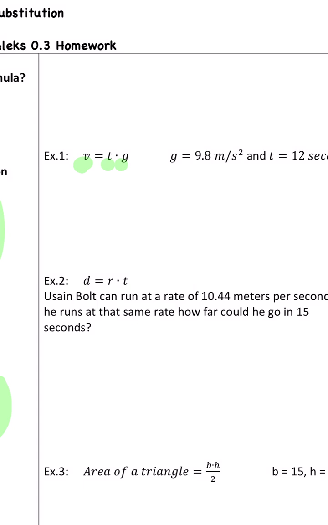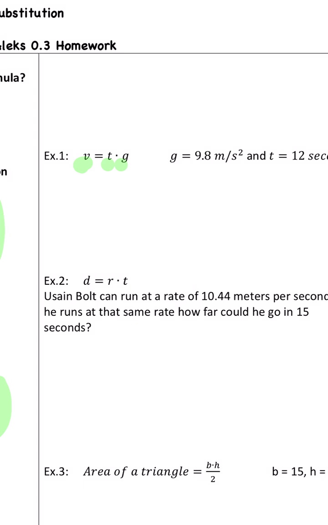If it's coming down for 12 seconds, from the top when the velocity was zero, at 9.8 meters per second squared, what's the velocity? So we're going to plug it in.